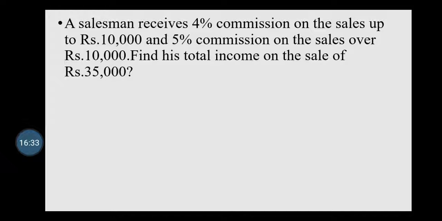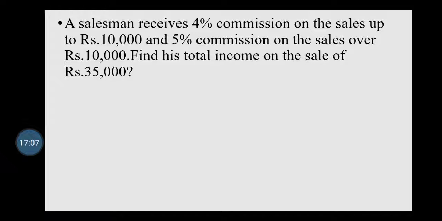Okay. In this question, a salesman receives 4% commission on the sales up to 10,000, and when his sales are more than 10,000, he will get 5% commission. If the total sale is rupees 35,000, then we should calculate the commission of the salesman.